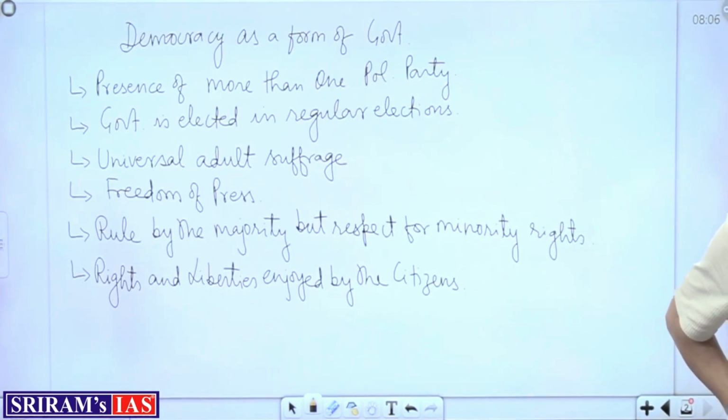So, in brief, whenever we say that democracy is a form of government, such ideas come in our mind.